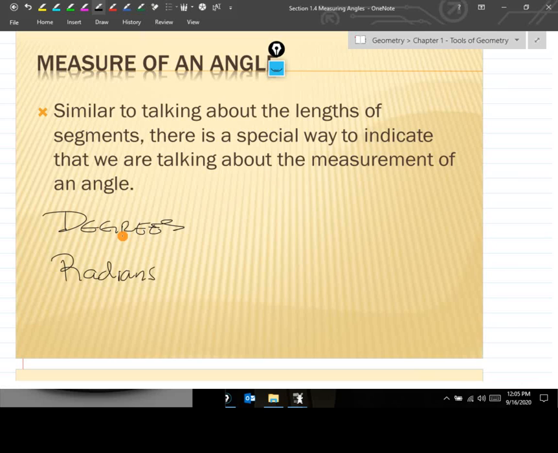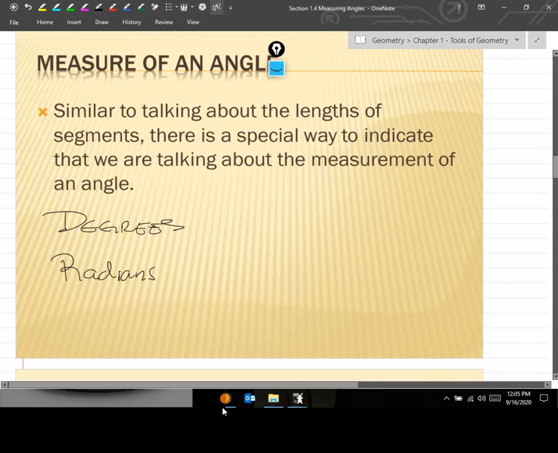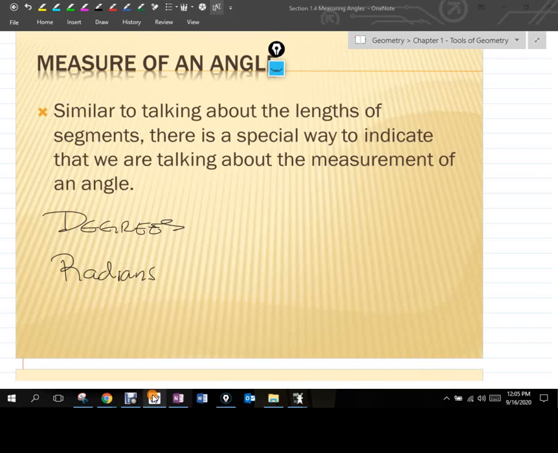Each one of those slices is then a degree. People always ask, why 360 degrees? Why that number? Why not use a number like 300? That's a little bit easier to deal with. Why not 400? The reason for that, I'll give you a little bit of history here.